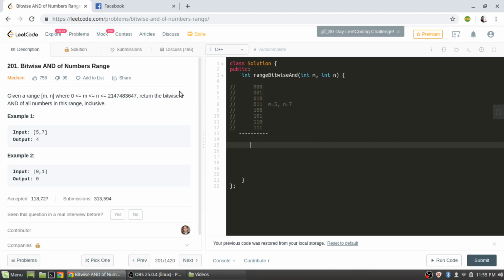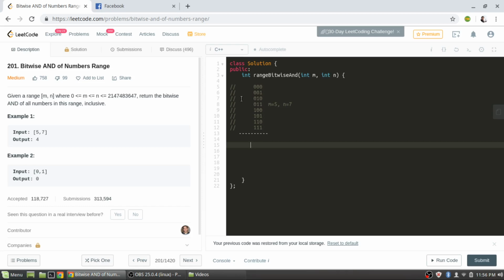We'll be using the basic properties of bit manipulation here. Once you write the numbers in binary representation, I have written from 0 to 7. Here the numbers can go up to 10 to the power 9, so we can store all these numbers in 4 bytes, which essentially means we have 32 bits for each number.